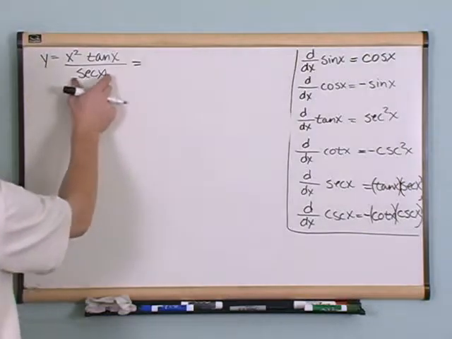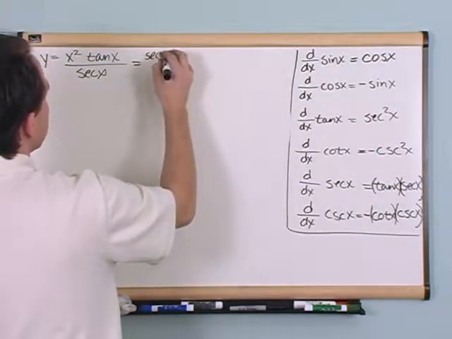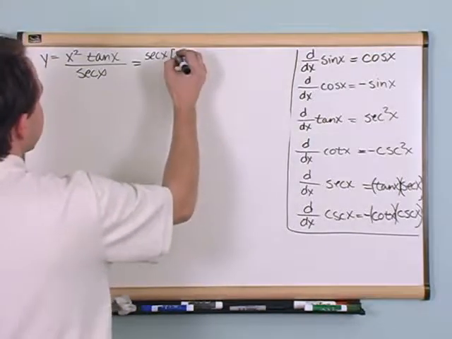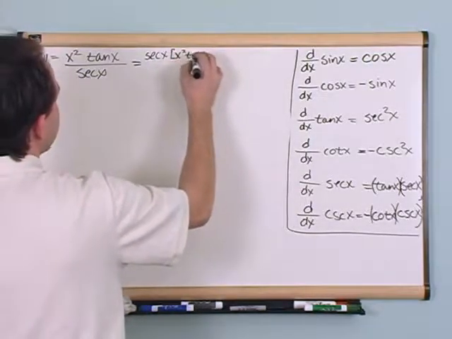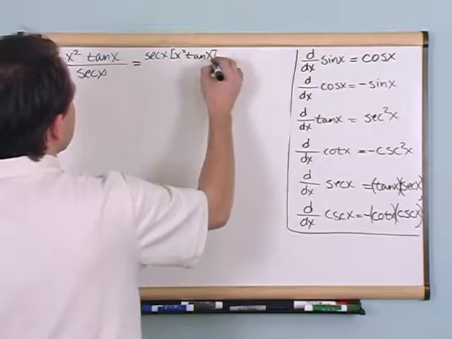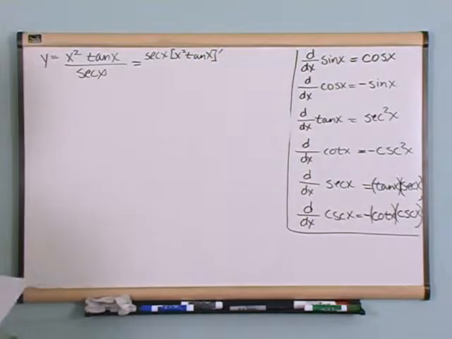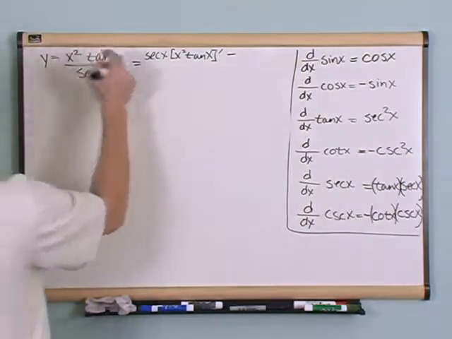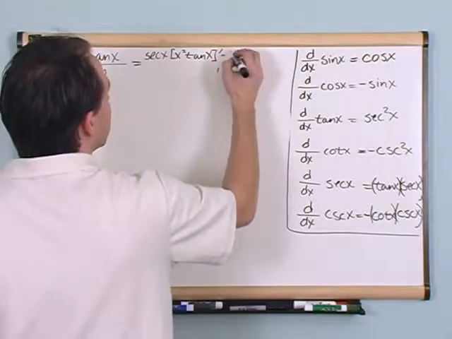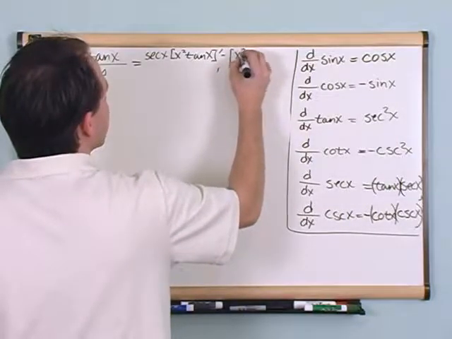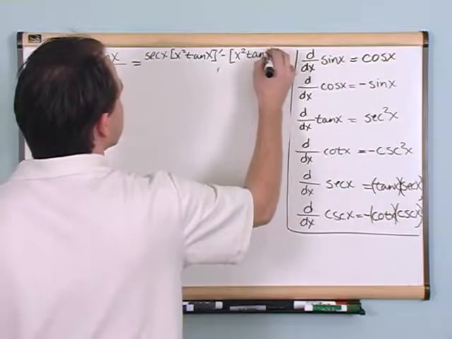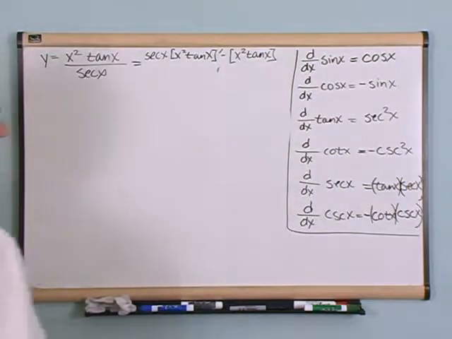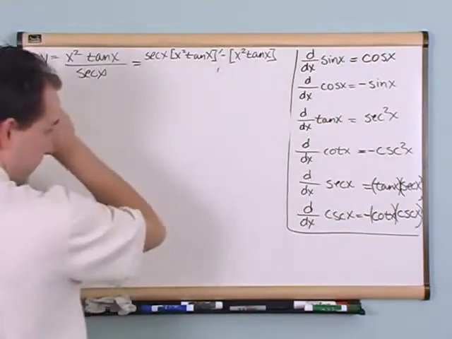So it's going to be the bottom, which is secant of x, times the derivative of the top, which I'm just going to write as x squared tangent of x, and I'm going to put a derivative mark here to remind myself that I have to take the derivative of that, minus the top, x squared tangent x times the derivative of the bottom. Derivative of secant is simply tangent times secant.